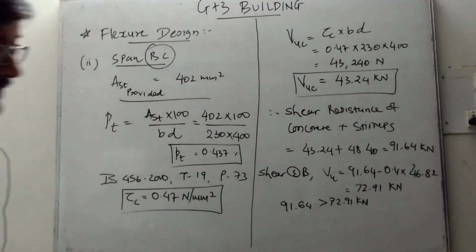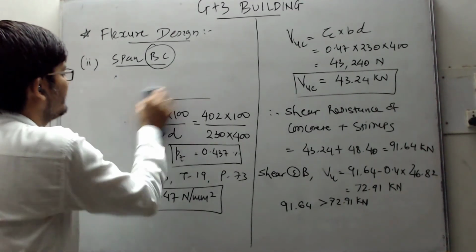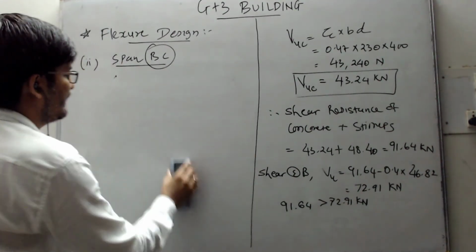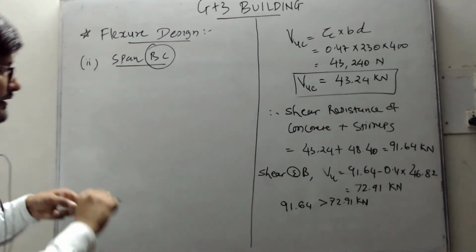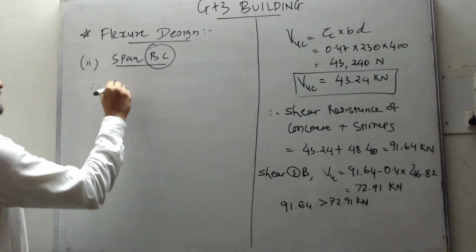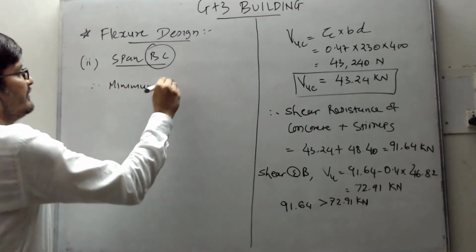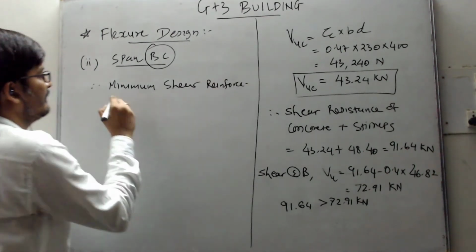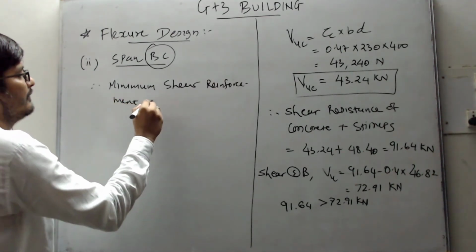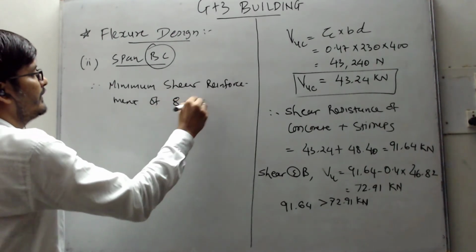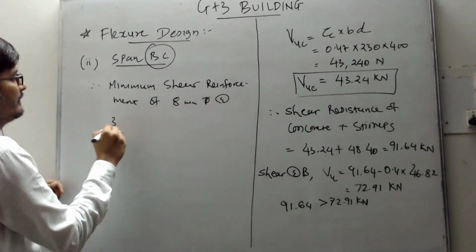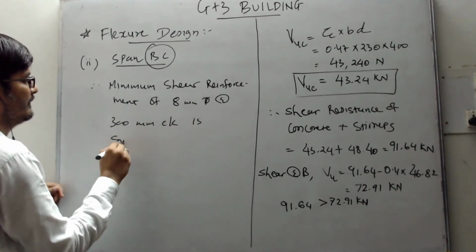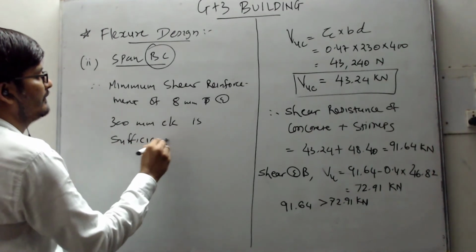If this case is there, then minimum shear reinforcement of 8 mm dia bar at 300 mm center to center is sufficient.